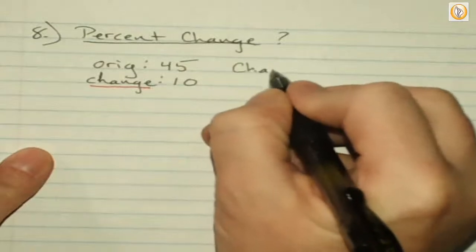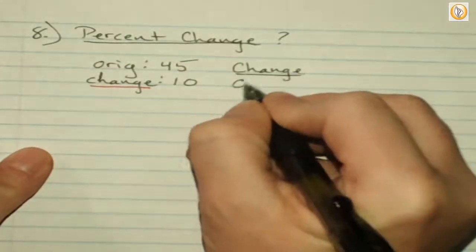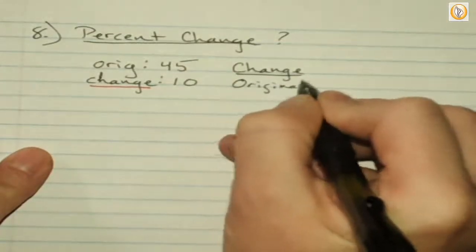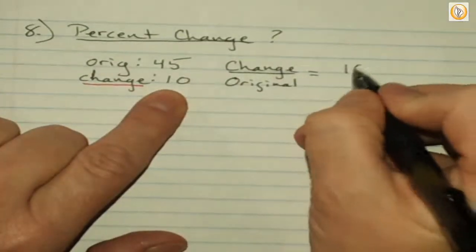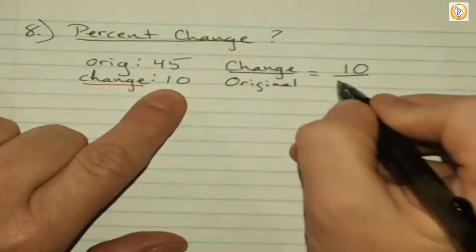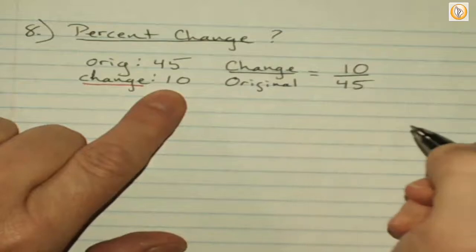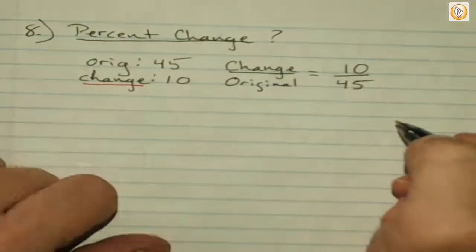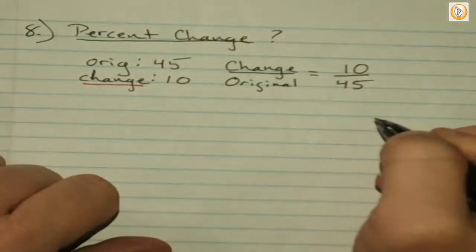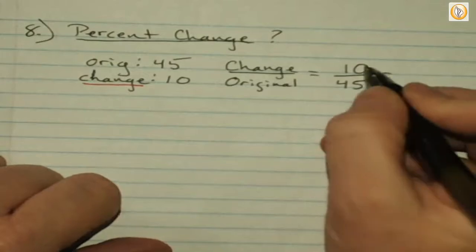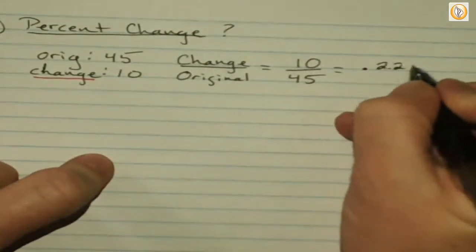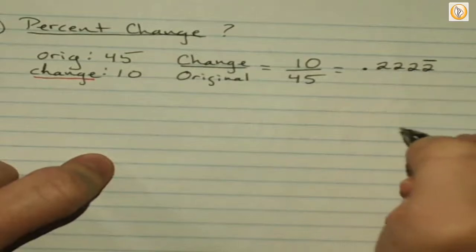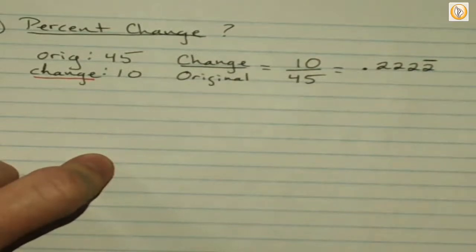So the formula is change over original. Since they gave us the change, that's 10, and the original is 45. Do y'all see where I'm getting these numbers? Now we divide. 10 divided by 45, I'm saving you time, 0.2222 repeating. Joseph, what do I do?